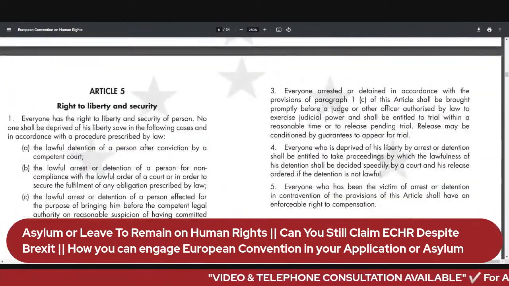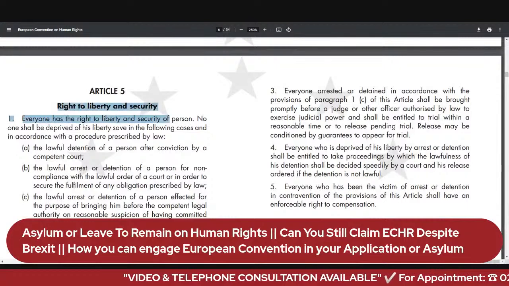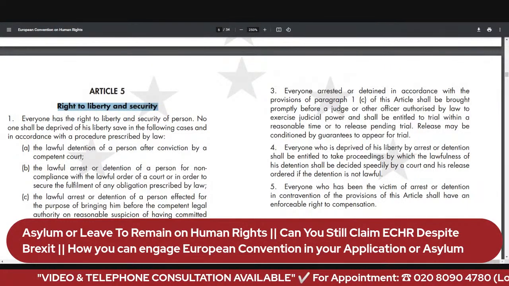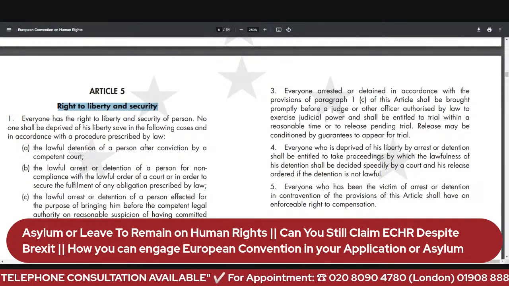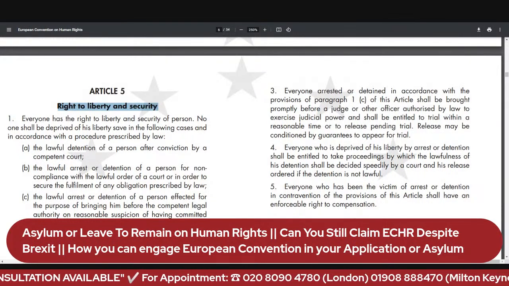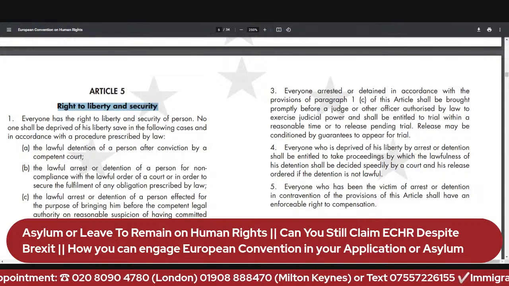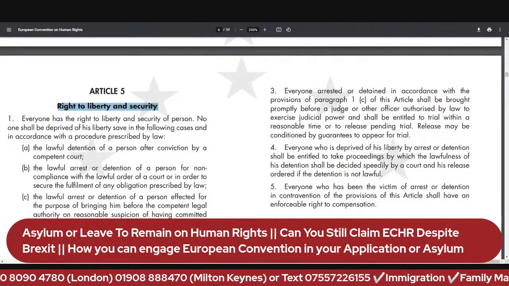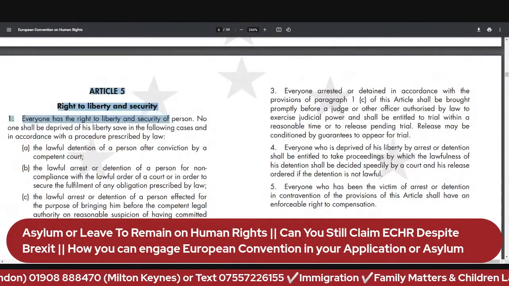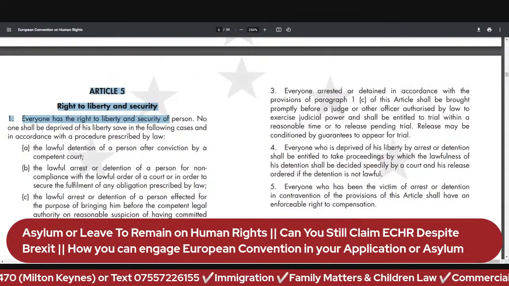Then Article 5, right to liberty and security. If you are required to go back to your country and you will be arrested, detained, unlawful detention, then you can also claim leave to remain or asylum, and you can engage Article 5 in your claim, which is an absolute human right as a convention right.